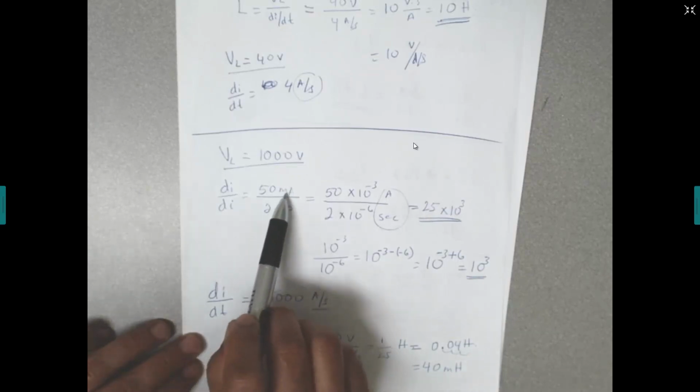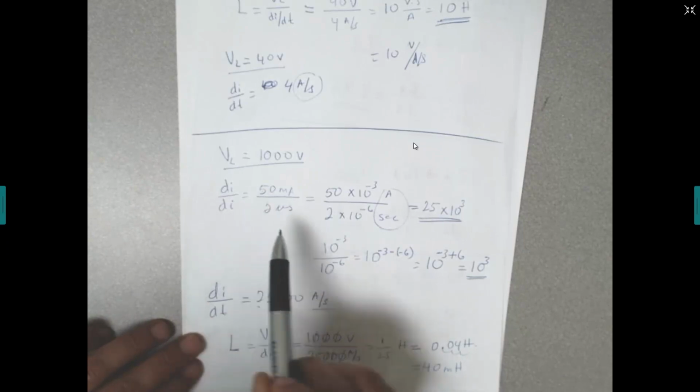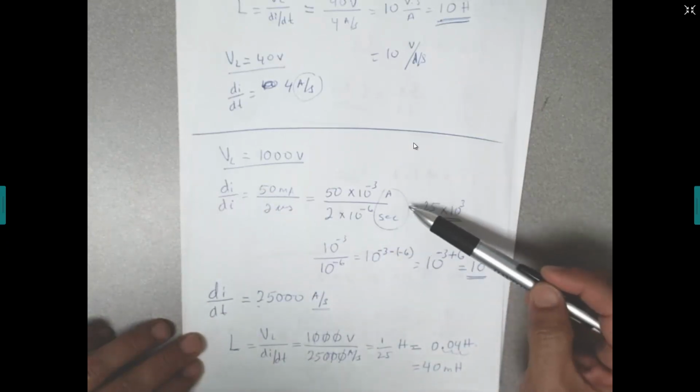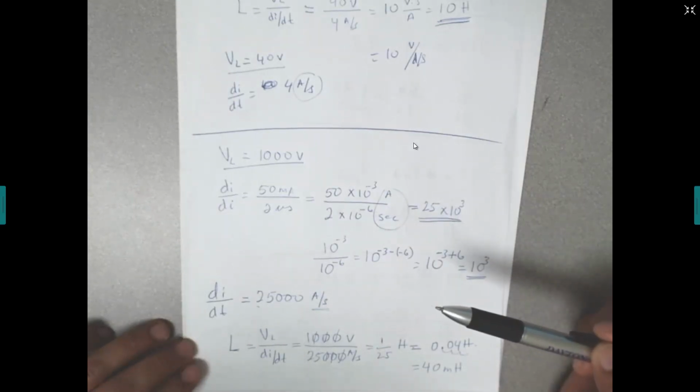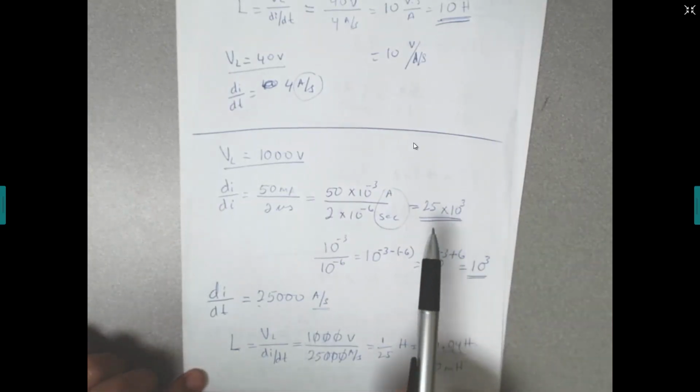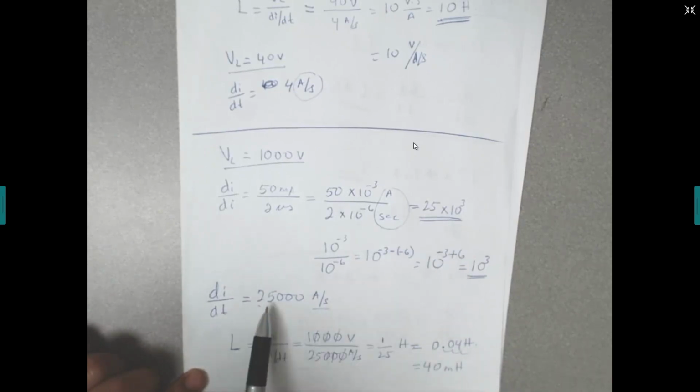Okay, this is the change of the current. It's telling you that the current change is 50 milliamps every 2 microseconds. So you can write it like this, and then you simplify to get it into the units of amps per second. All right, and that will give you this amount, which is 25,000.